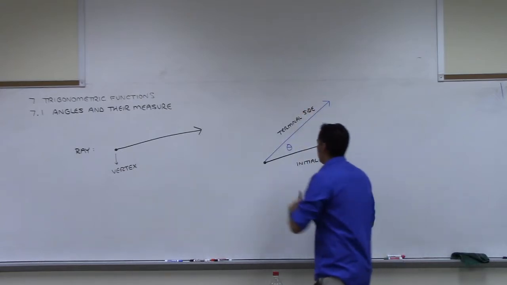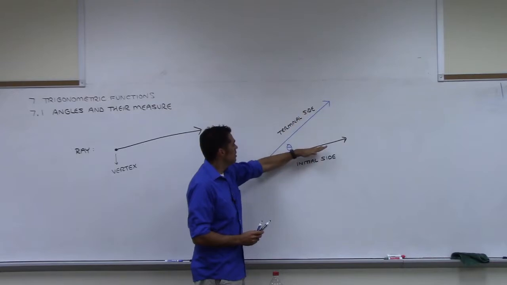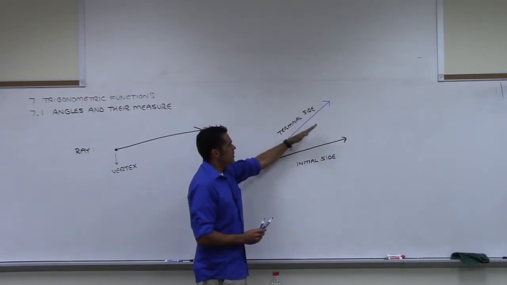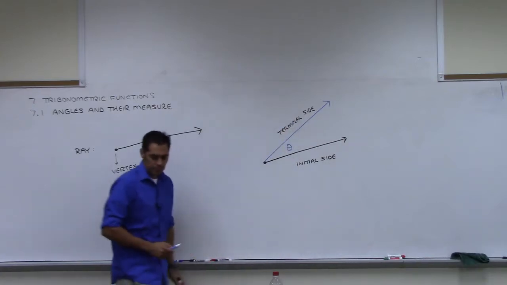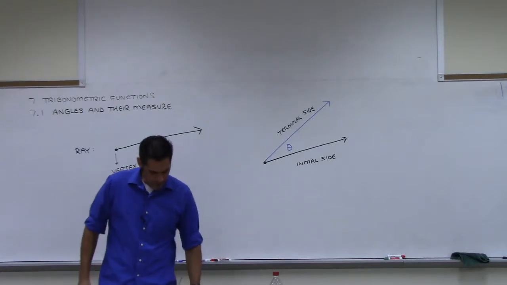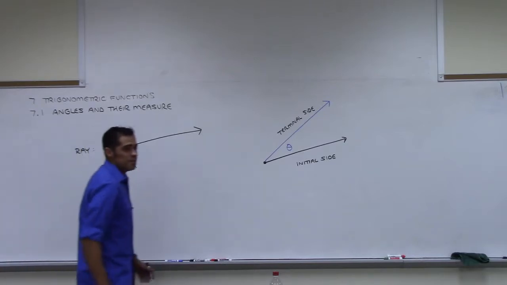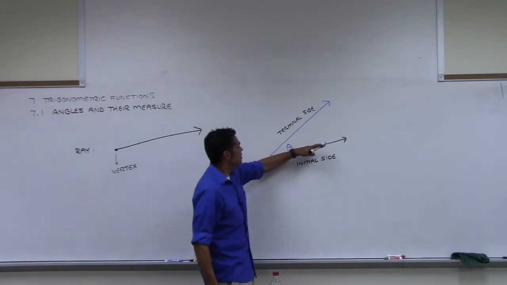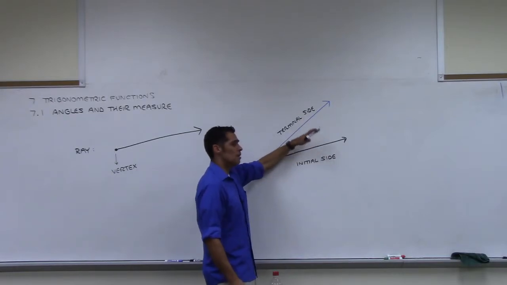We can imagine taking this ray and rotating it through and stopping. It looks like two rays, but you could imagine just taking that ray and turning it. Now, there's another way we could have got to that terminal side. We could have rotated this ray counterclockwise, which would have gone like this.